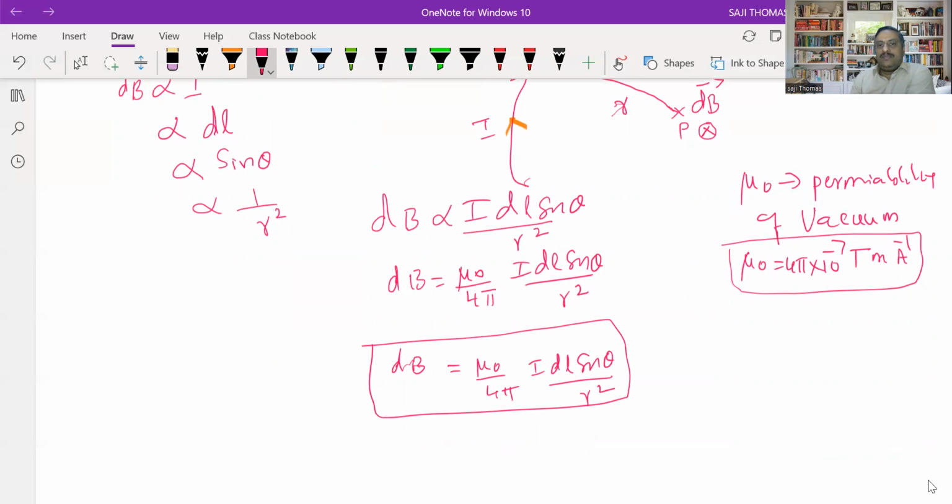This is the magnitude of the magnetic field. Direction: what is the direction of this field? It is given by the right hand thumb rule. It is perpendicular to the plane containing current element I dl and distance r. In this case, it is into the plane of the paper.